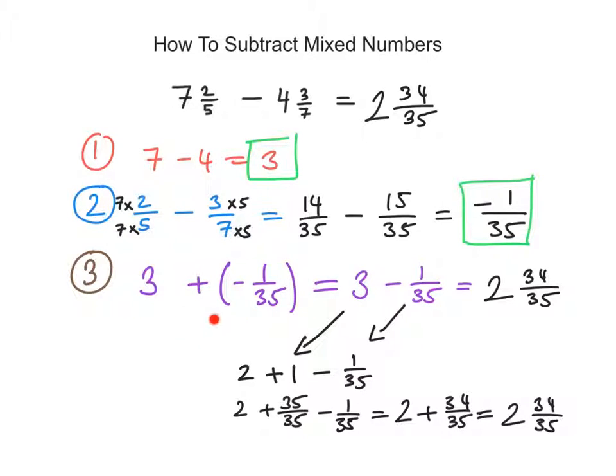Now, if you are not comfortable with this, if you are not confident in adding and subtracting negative values, I would say stick to the first method I showed you, where you convert each of the mixed numbers into improper fractions and then just work out the answer.